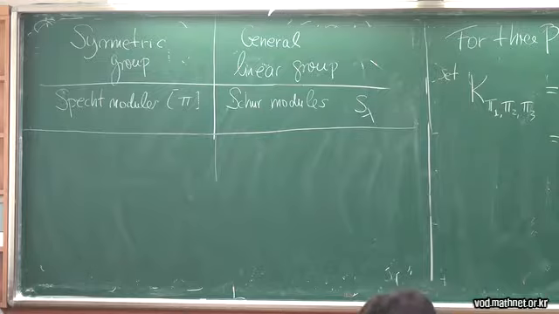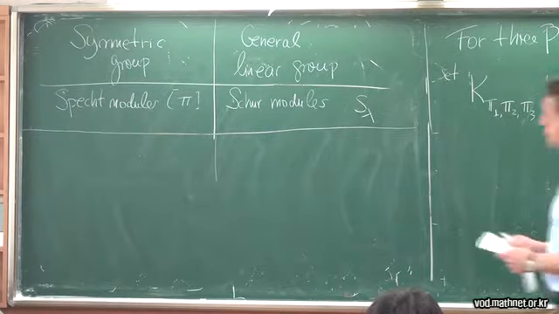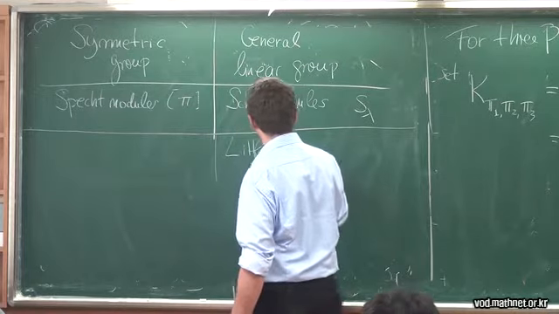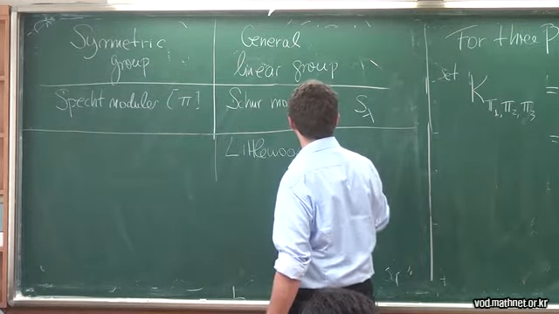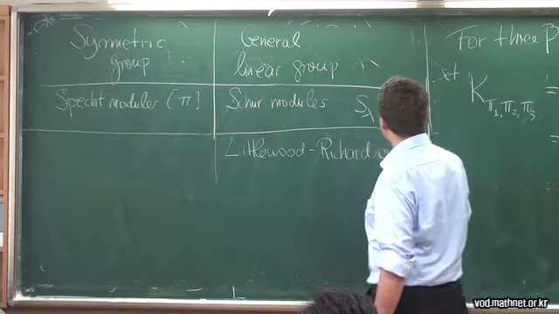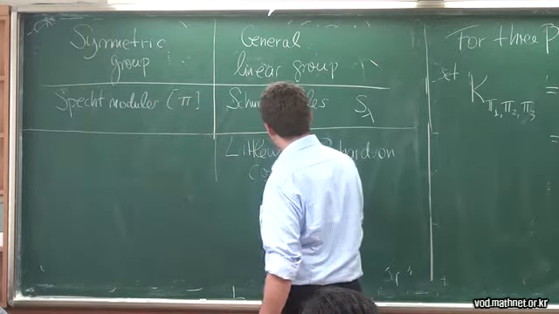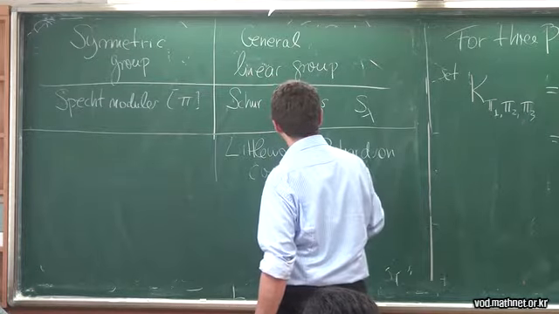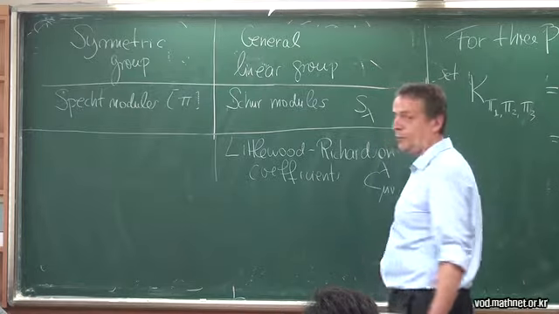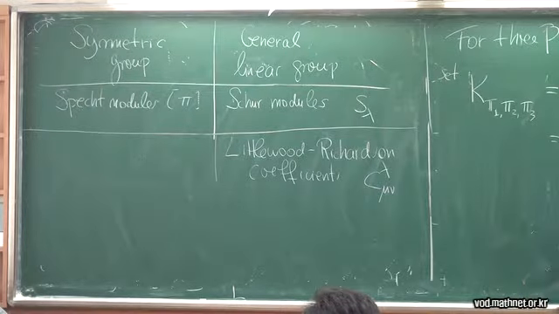That's true for any group. For the general linear group, these are called the Littlewood-Richardson coefficients, C lambda mu nu. They are important in mathematics because they are the structure constants for the group of invertible n by n matrices, the general linear group.